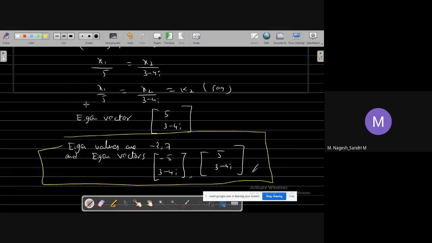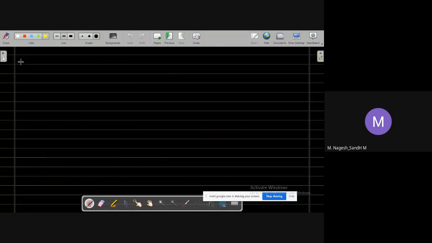For the complex numbers, generally he asks for 2 cross 2. So take this problem as homework.